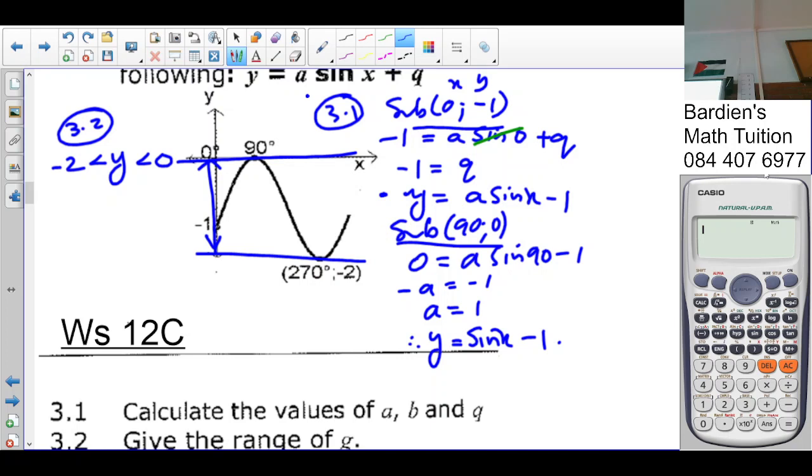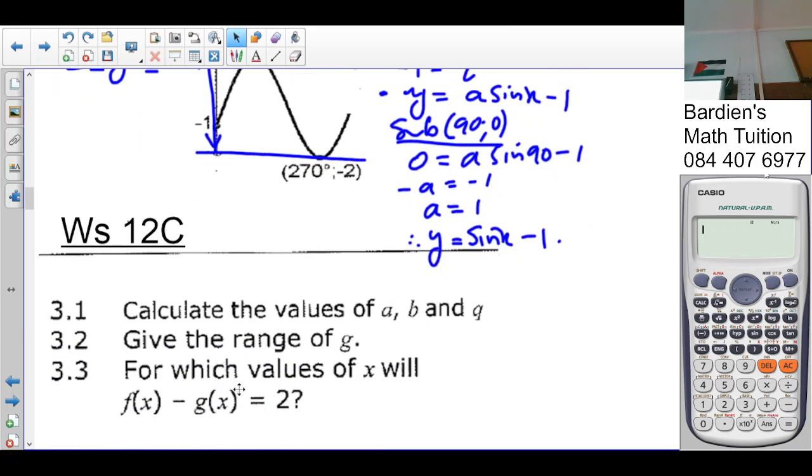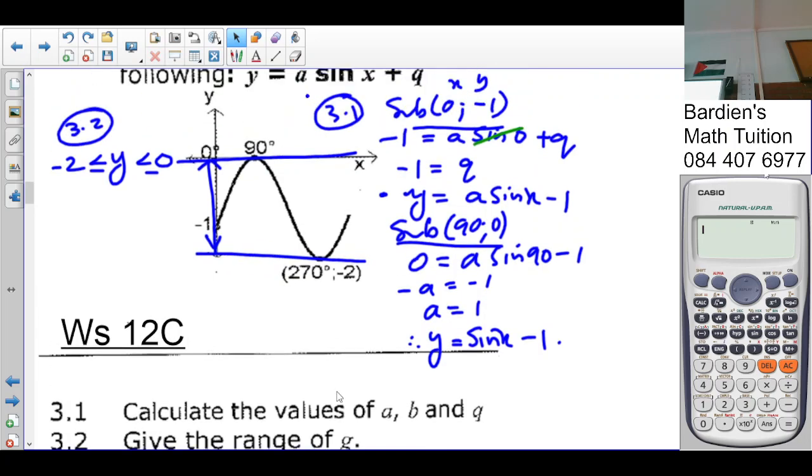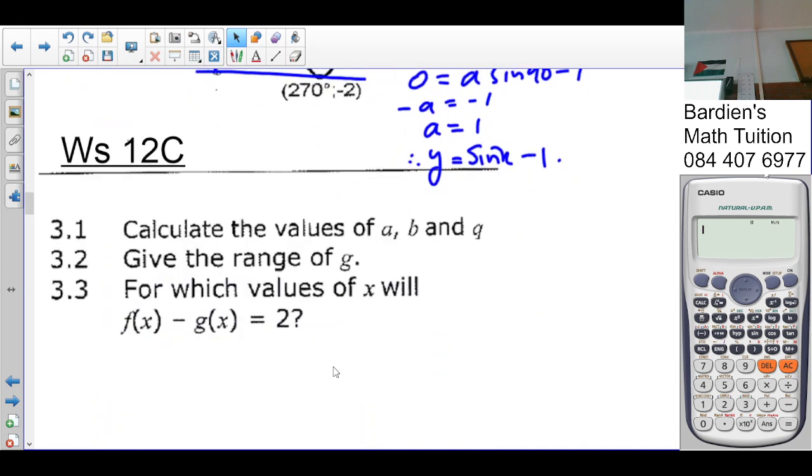Yes. Does it exist at 0? Yes. It must be equal as well. Okay. The next question says, for which values of x will g of x minus f of x, now f of x minus g of x be equal to 2?